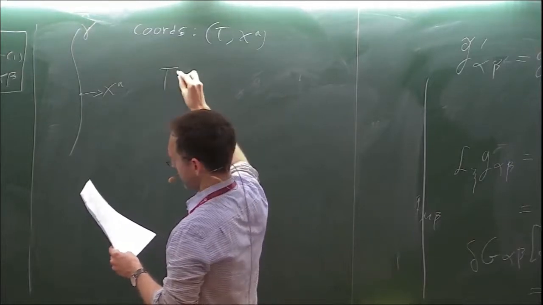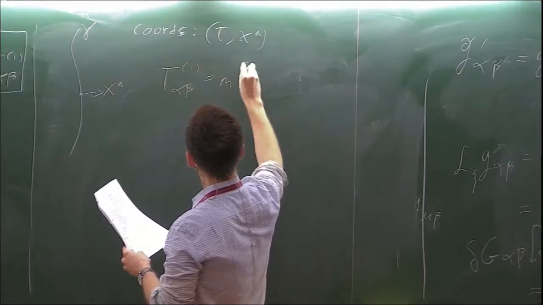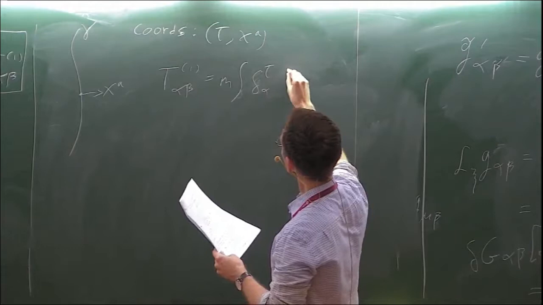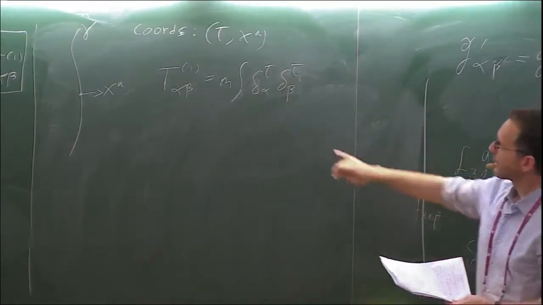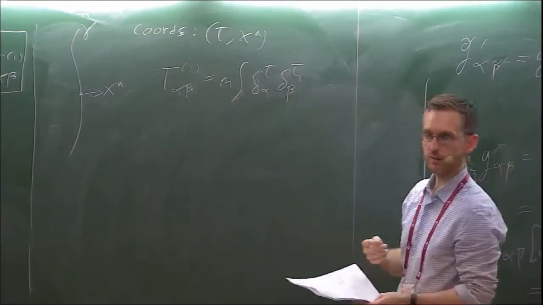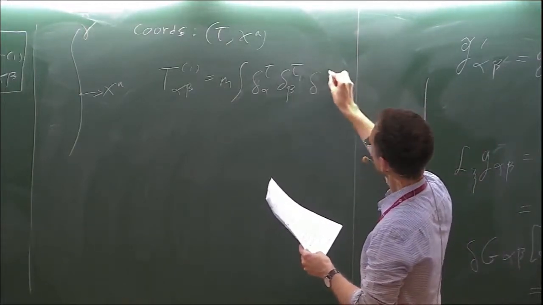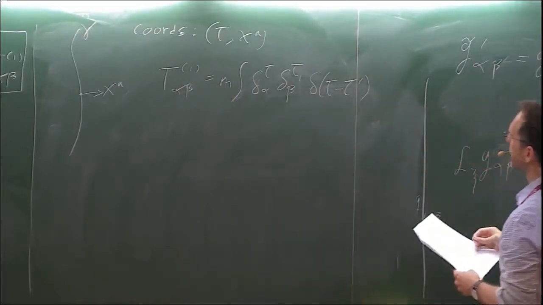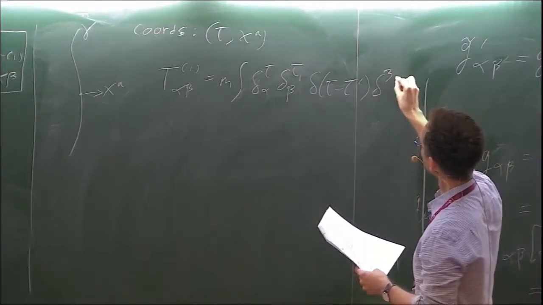So in that case, T^{αβ} is m times δ^α_τ δ^β_τ. So the 4 velocity on the world line is just 1 in the τ direction and 0 in the spatial directions. Now let's write out this 4-dimensional Dirac delta as the product of a time delta and a 3-dimensional delta.